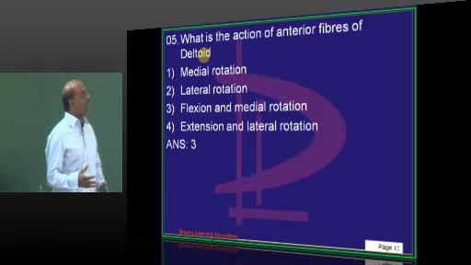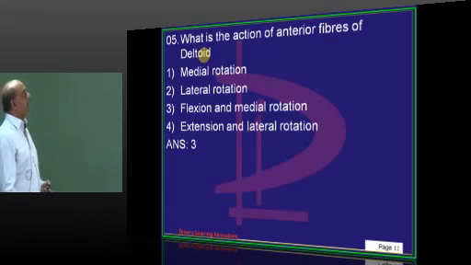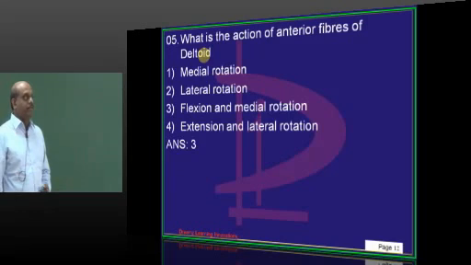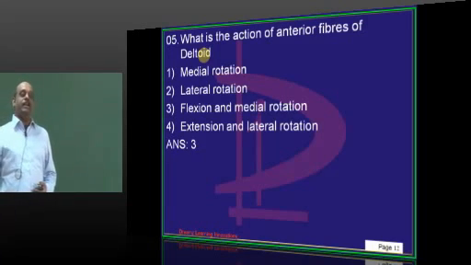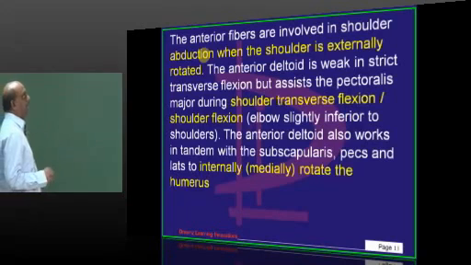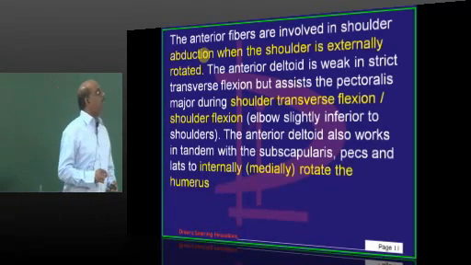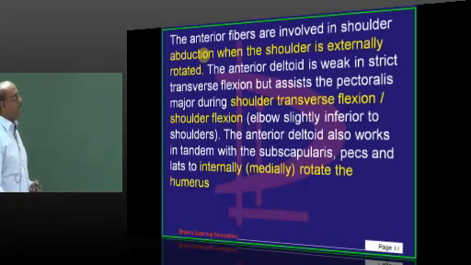What is the action of the anterior fibers of the deltoid is an important question. Honestly, a very tricky question. We know what the deltoid does, but not specifically what the anterior fibers do. Anterior fibers are involved in shoulder abduction whenever the shoulder is externally rotated.